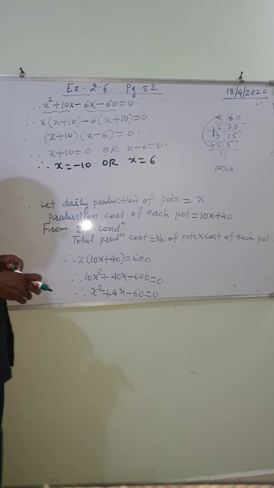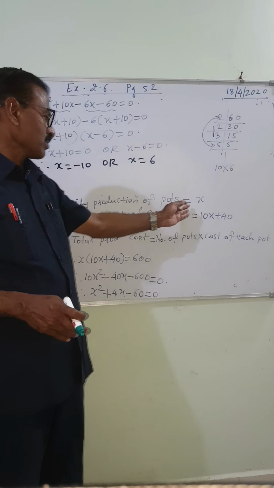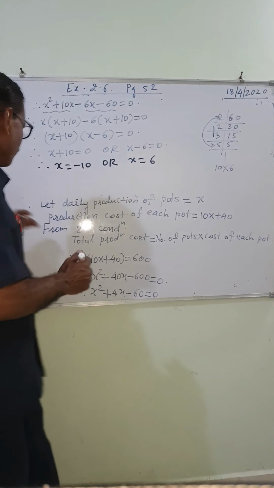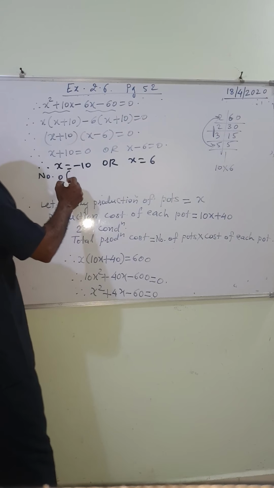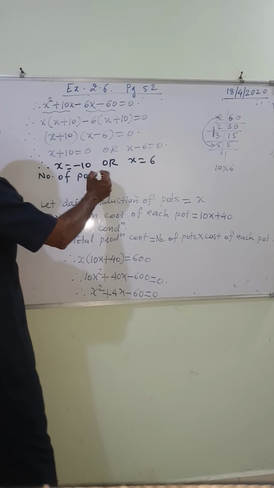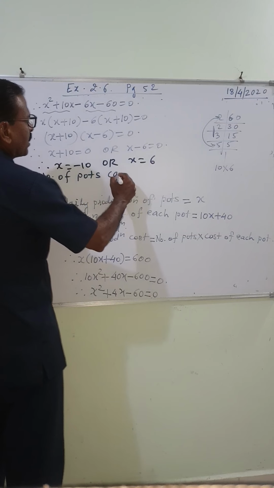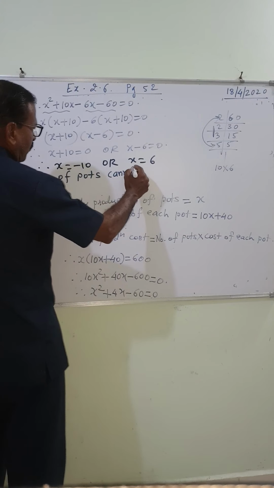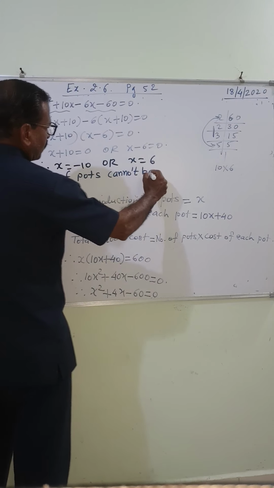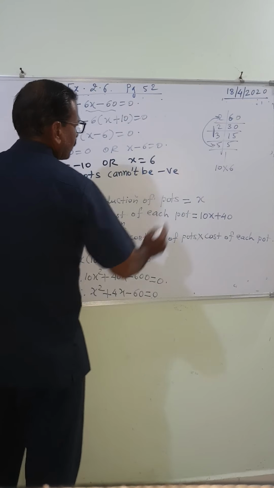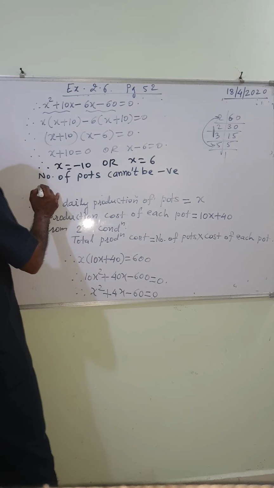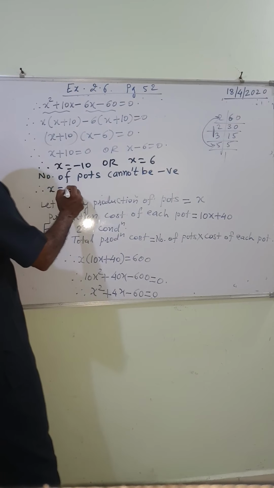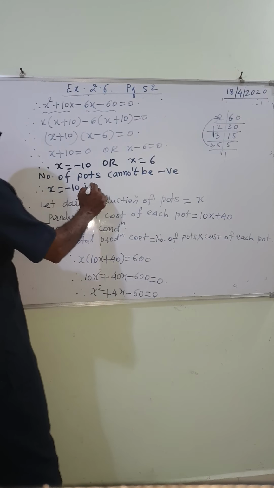But the number of the pots, x means what? Number of the pots cannot be negative. Here we will write number of the pots cannot be negative. Therefore, x equal to minus 10 is not possible.